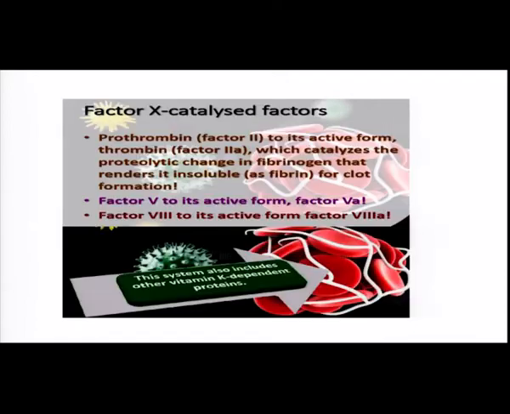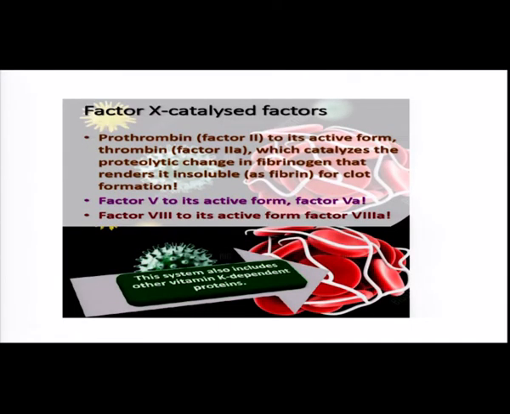That's always there. So once factor 10, binding calcium and phospholipid, catalyzes the activation of several coagulation factors. Okay, so that's how it works. So the prothrombin, which is factor 2, to its active form thrombin, okay, which catalyzes the proteolytic change in the fibrinogen that renders it insoluble as fibrin for clot formation.